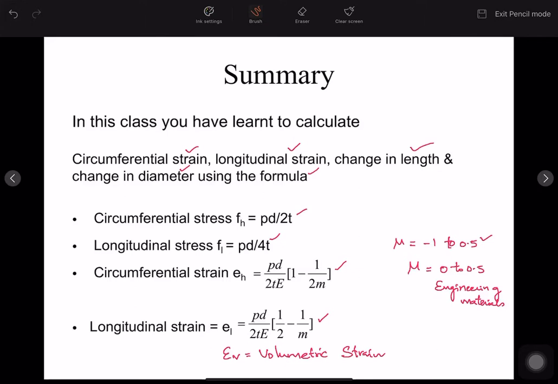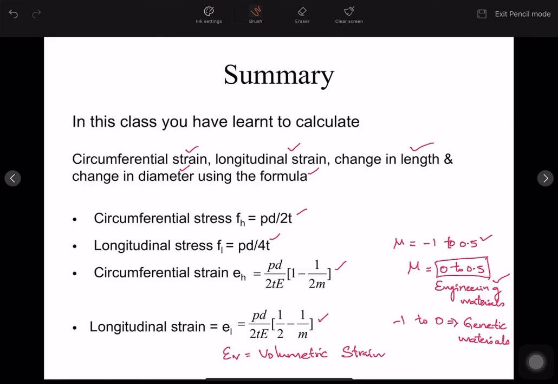And from -1 to 0, this range is for auxetic materials. There won't be any negative mu values in our engineering problems, so we are very much bothered about positive values.